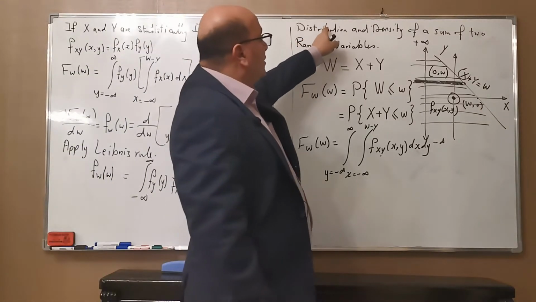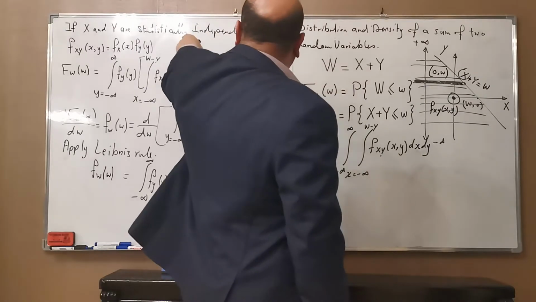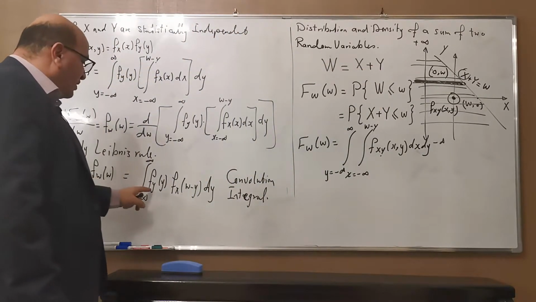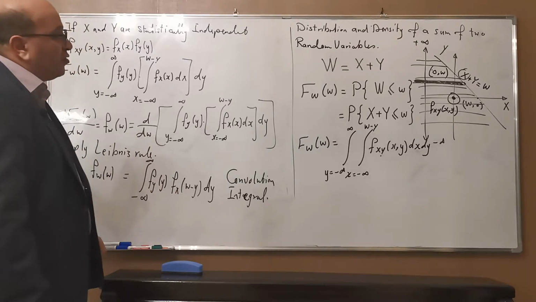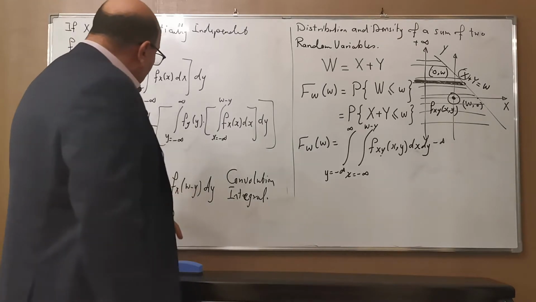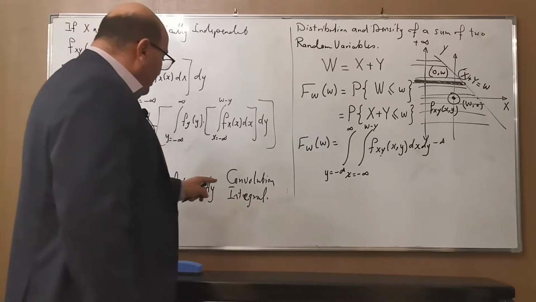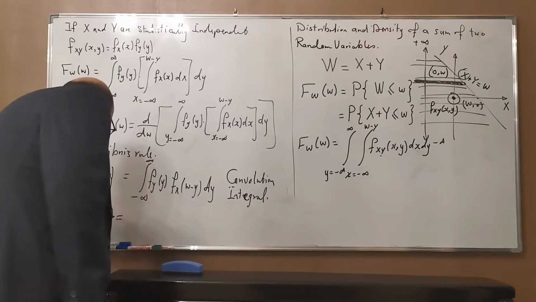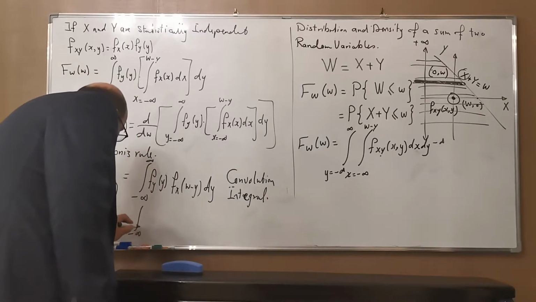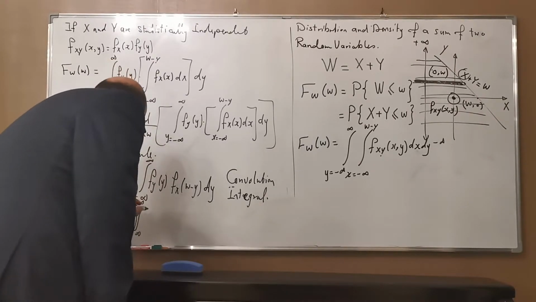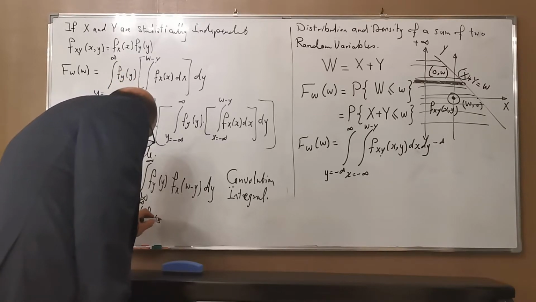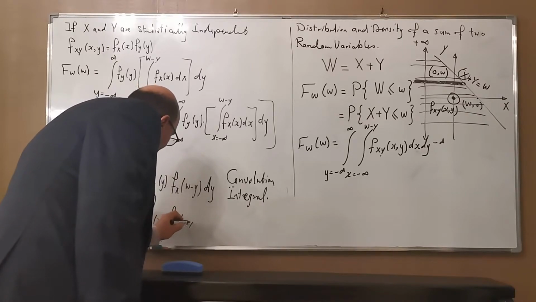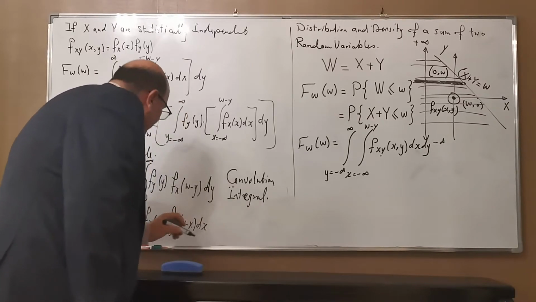If you are adding two statistically independent random variables, then the density function of their sum is the convolution of their densities. Notice that the convolution integral is commutative, which means that this is also equal to the integration from minus infinity to infinity of fx of x times fy of w minus x dx.